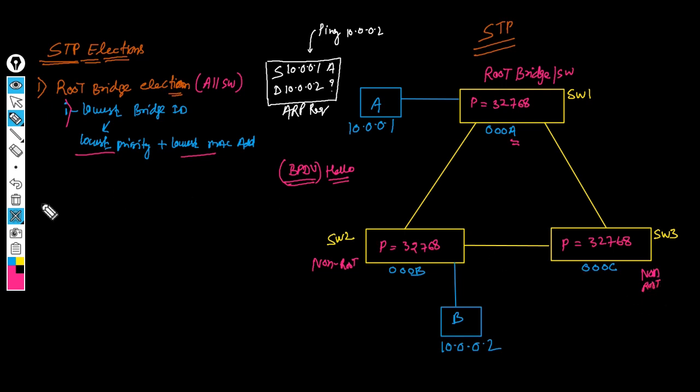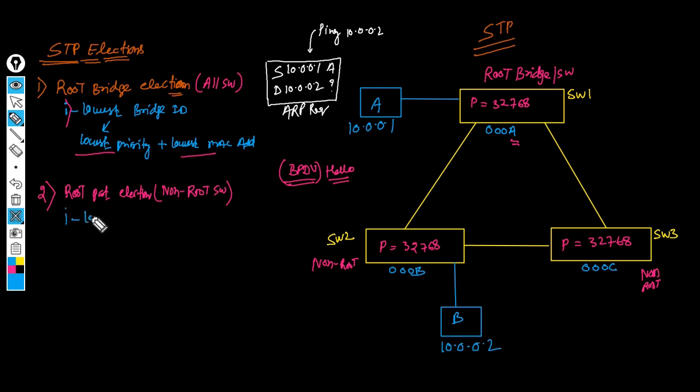Now the second election will take place, which is called the root port election. This root port election happens in the non-root switches, and there is some criteria to choose it as well.